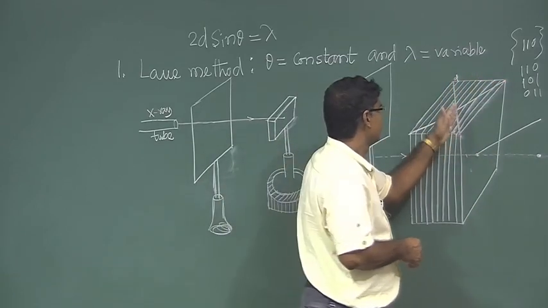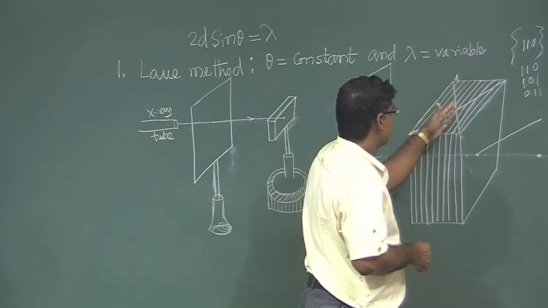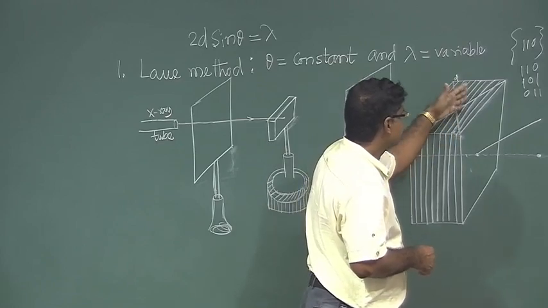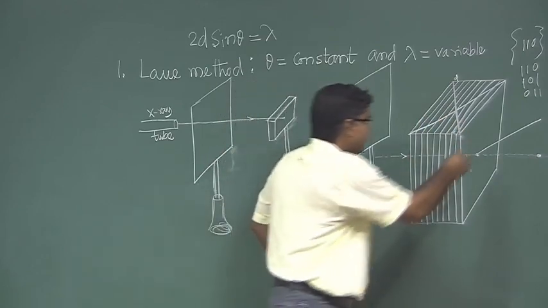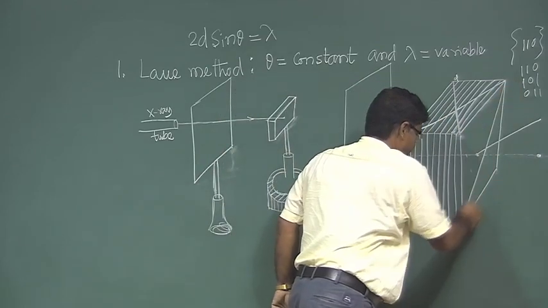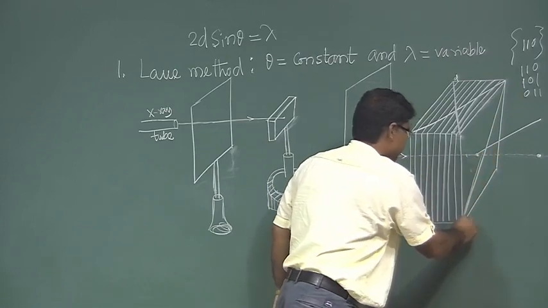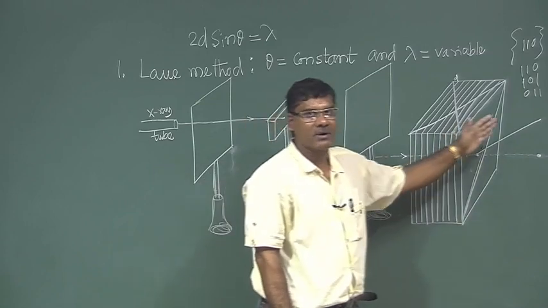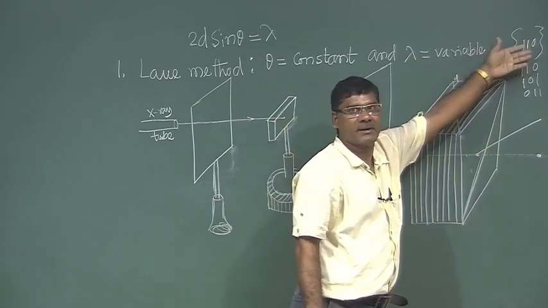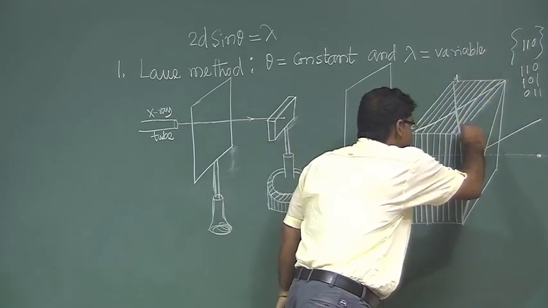So here, not only these two planes, how many planes of this type will we get? We will get these planes also, the 100 plane, the 110 plane, or of this family, right.